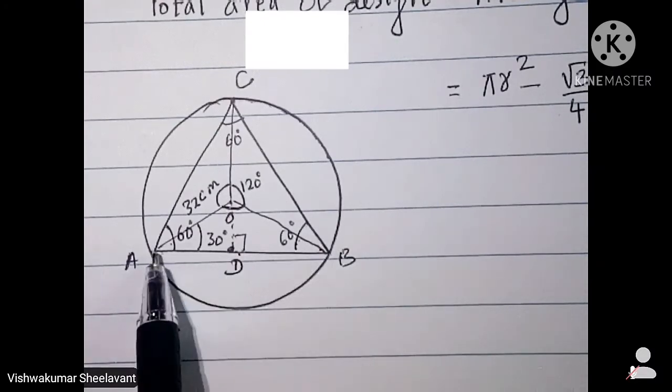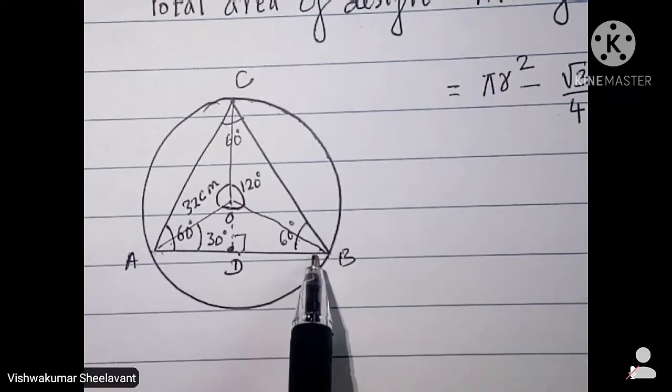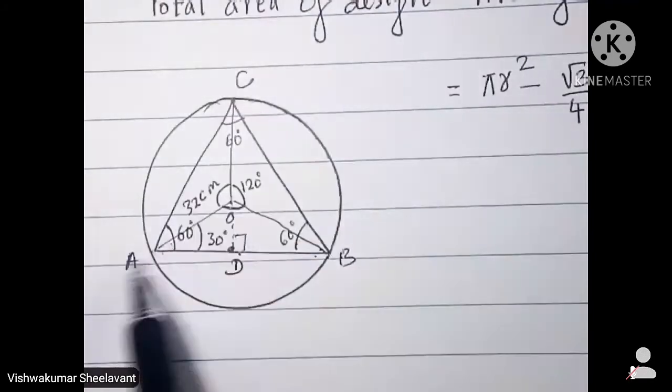Then you can find AB. What is AB? AB will be nothing but the side of this equilateral triangle.